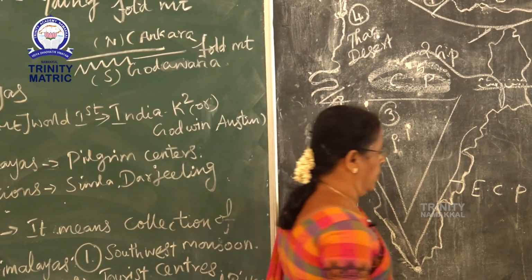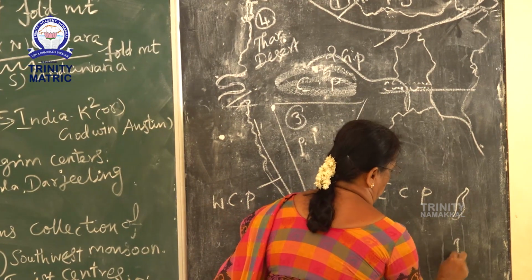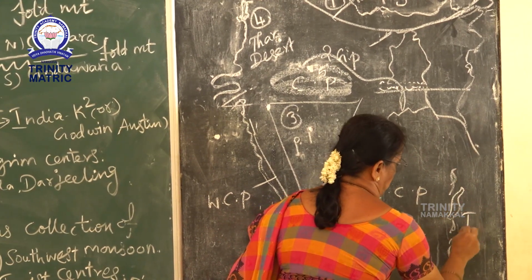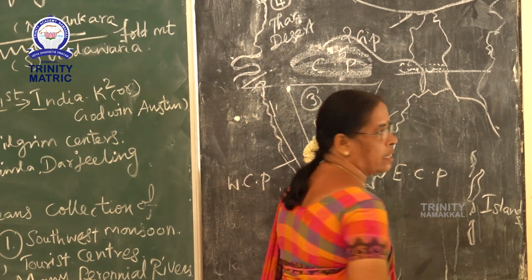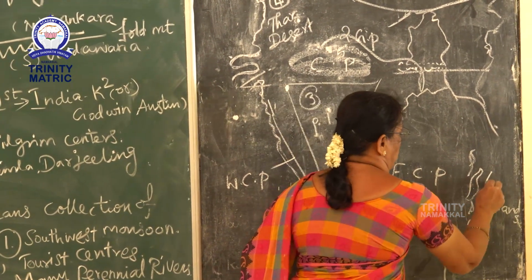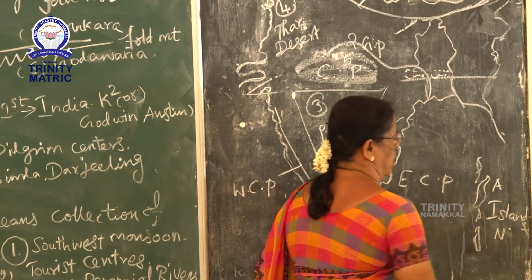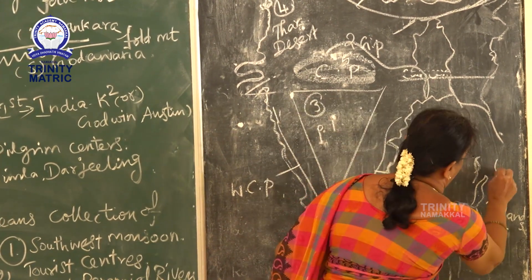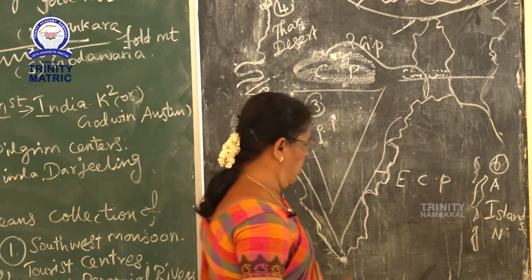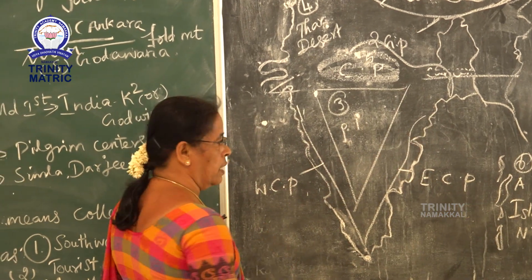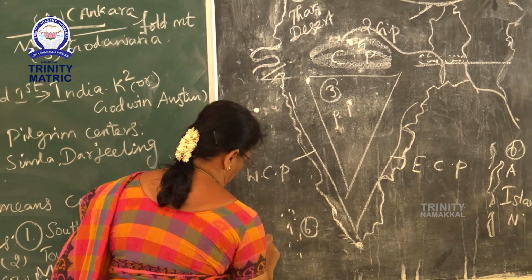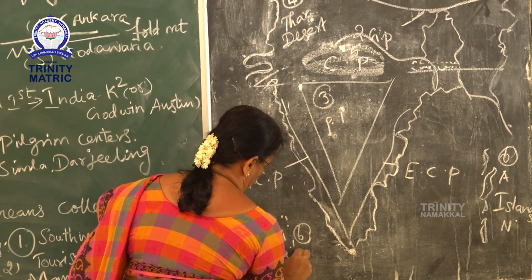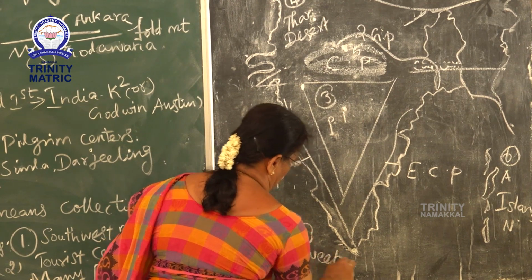Then another division here, that is the island groups. What are these islands? Andaman and Nicobar. This is the sixth division. Then on the western side, that is Lakshadweep, that is another island group.